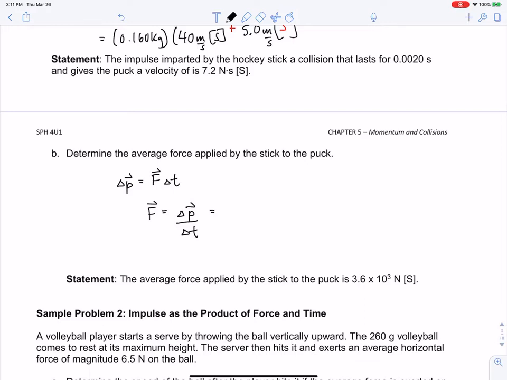So we have 7.2 Newton seconds south divided by 0.0020 seconds. If we punch this into our calculator, we get 3,600 newtons south. Therefore, the average force applied by the stick to the puck is 3.6 times 10 to the power of 3 newtons south.